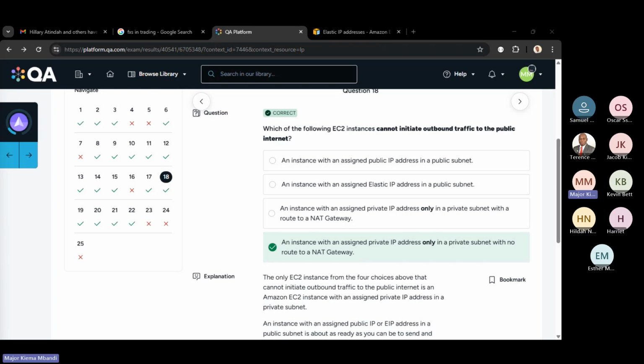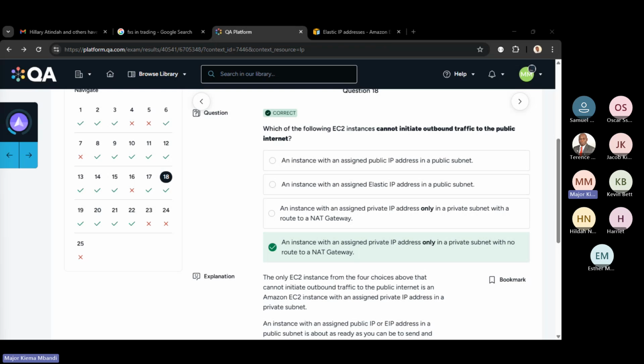The question is: resources placed in a public subnet have internet connection through the internet gateway, right? Yes, by default. Resources placed in a private subnet don't need internet communication, but there's a way you can do that through either a NAT gateway or NAT instance.